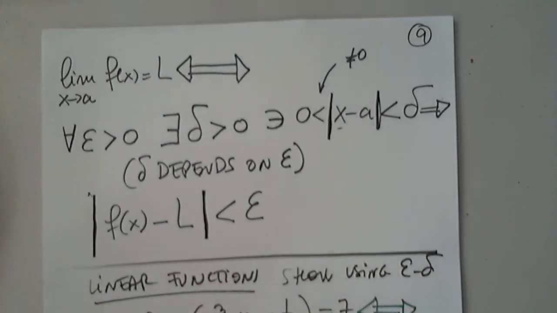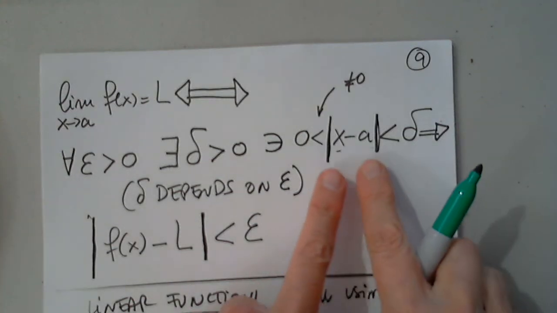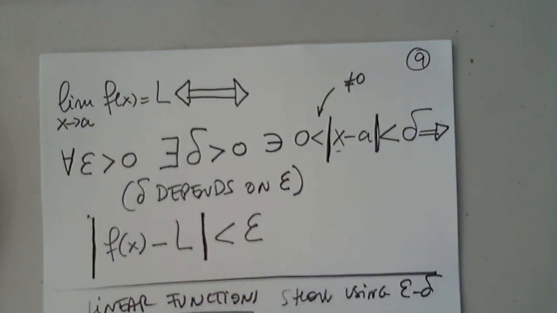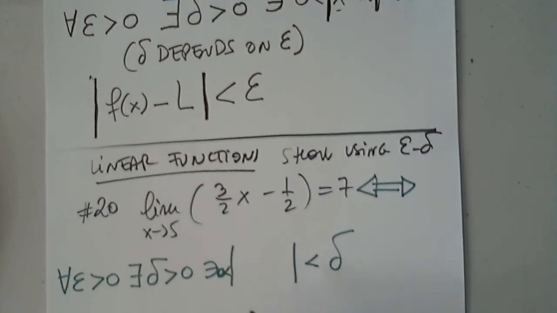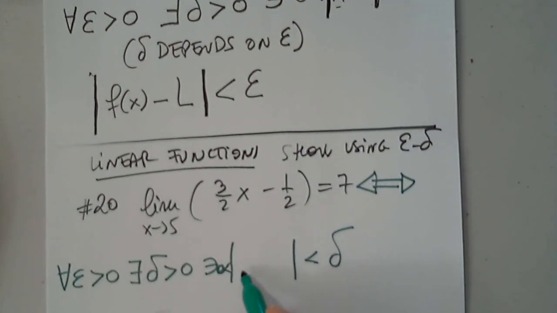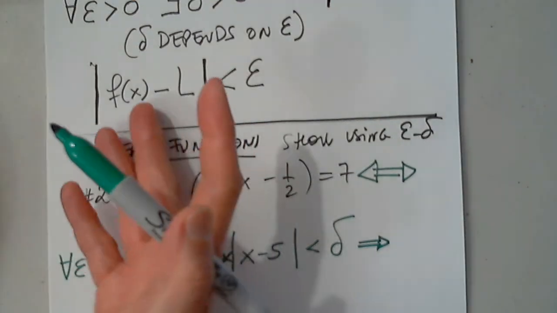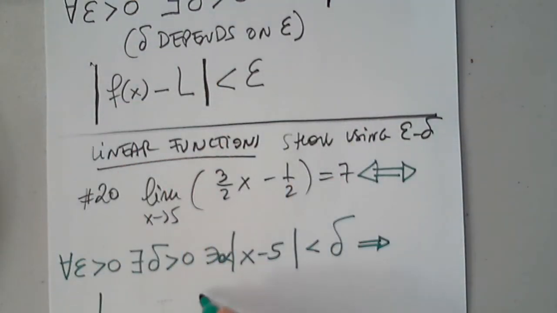Let's compare with the definition and tell me what you would write here. Is that 3/2 x minus 1/2? Very good. X minus 5, of course. A is 5. Excellent. This implies, and let's see what we write here.